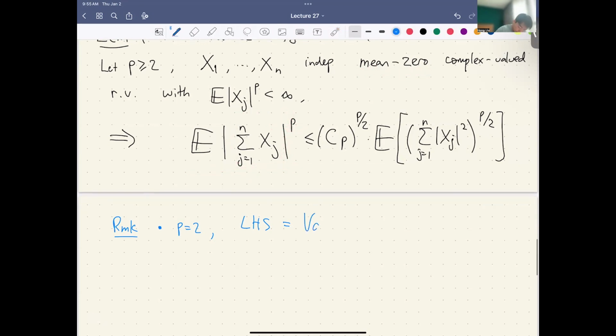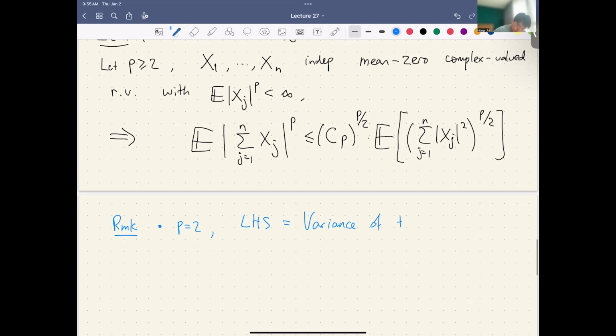So the left-hand side is the variance of the sum of independent random variables x1 to xn.